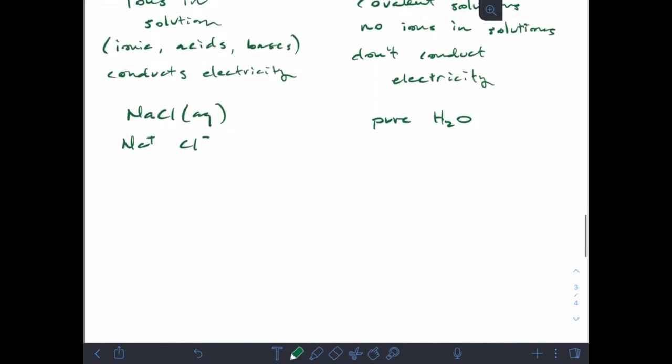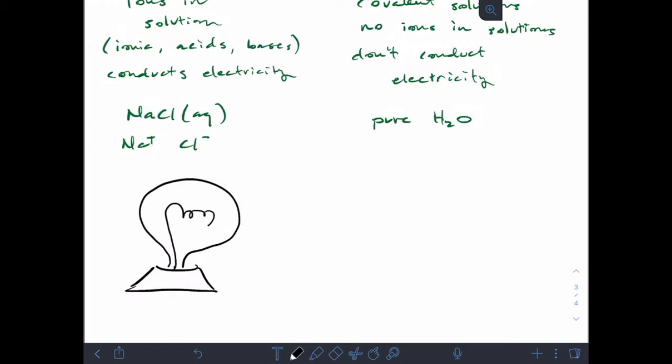All right, so let's say I have a light bulb, and I subjected you all to my beautiful artwork this morning in our class time. We've got a filament, lovely artwork, and I've got my two wires, and they're in a solution of sodium chloride.